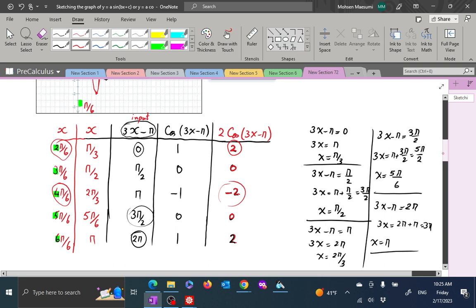You just double, triple, whatever it is. So we are doubling here, so these numbers double. Slight work has to be done to figure out if this is the input, what is the x that causes that input. So I take that input, set it equal to each of these angles, and figure out the corresponding x. So that's why we did these 5 problems here.